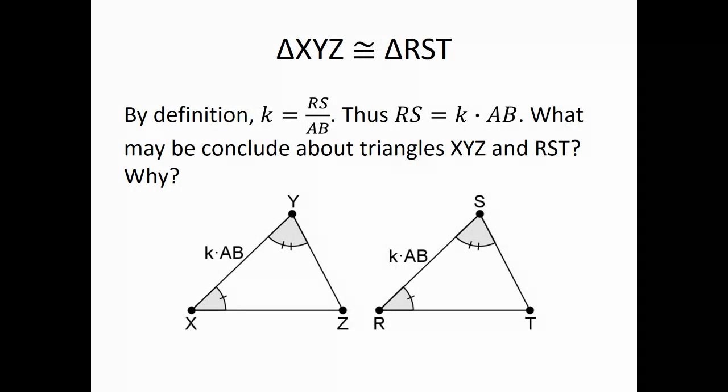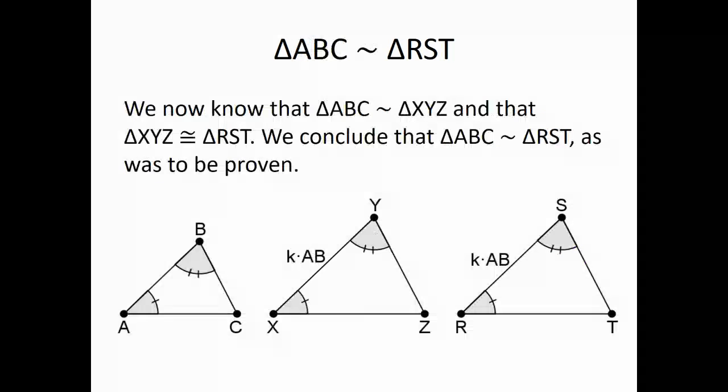And of course, it follows that these two triangles, XYZ and RST, are congruent. They are congruent ultimately by ASA congruence. Okay, so this triangle that I created by use of my similarity postulate, that is triangle XYZ, is congruent to RST by ASA congruence.